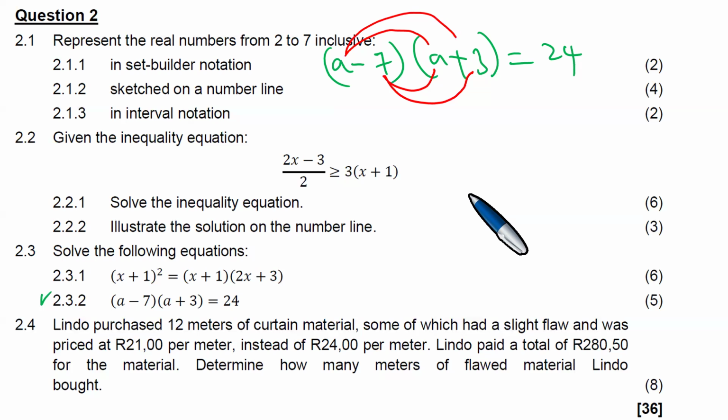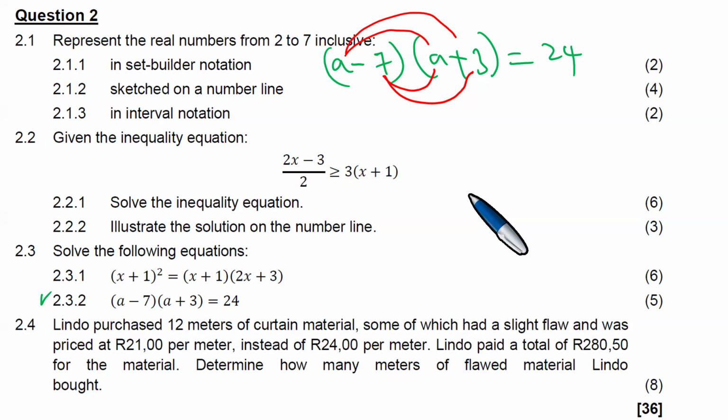A is still A. It's going to be a squared, a times a. And then a multiplied by 3 is 3a. Okay, good.